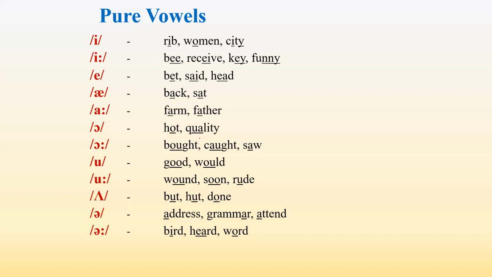So O can come in words like quality as well, because practically we say the word as quality. So the short O sound is there. And long O: boat, coat, so in this kind of words we get it. And short U, like in wooden, plus whatever your words, right? And long U is there in wound, soon, rude, etc.